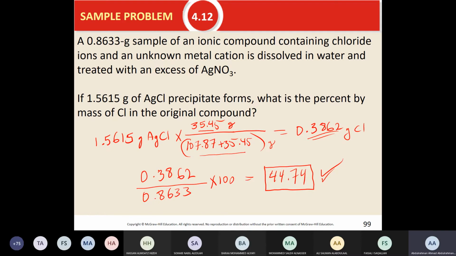Now, the other thing is the first question. Whatever concentration you have, you multiply by 5 and divide by 100, every time.